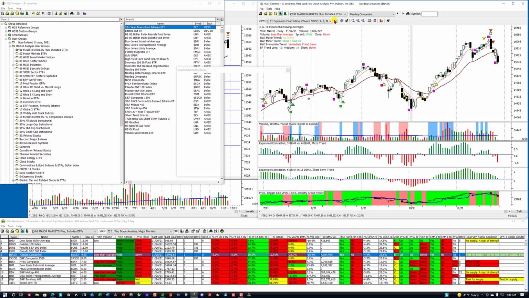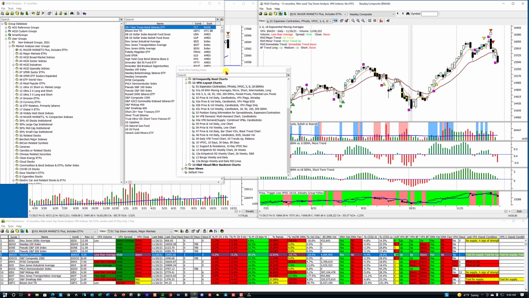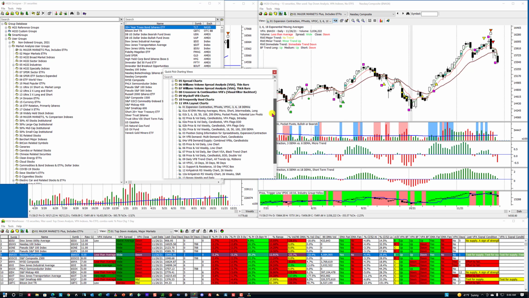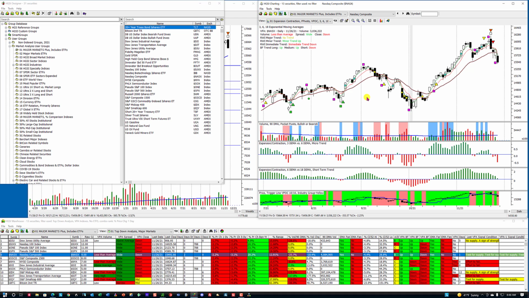Now the chart I'm currently using, and I'm going to be doing some rearranging like I said, is under these VPA layout charts. It's chart number 1 right now. I just wanted to start with it to point out a few things.